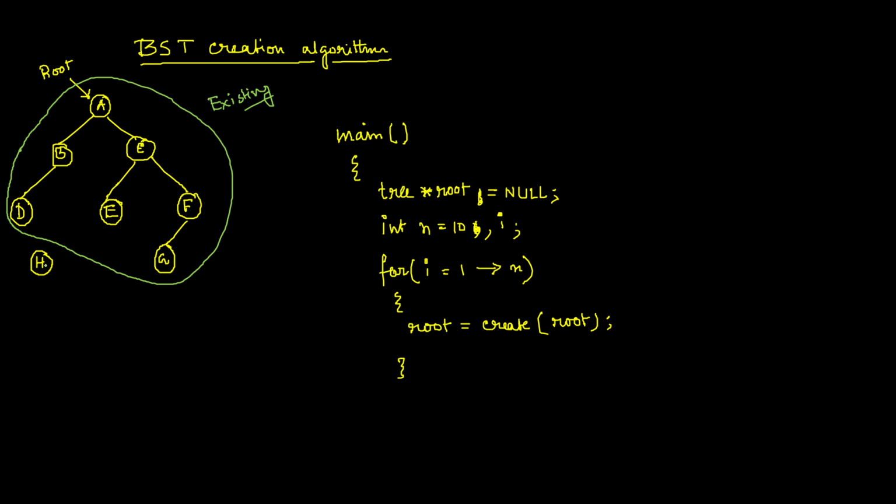We have seen how to create a binary search tree from a set of numbers. What we have seen is that we start from the root, and depending on whether the value is greater or lesser than the root, I change my direction accordingly.